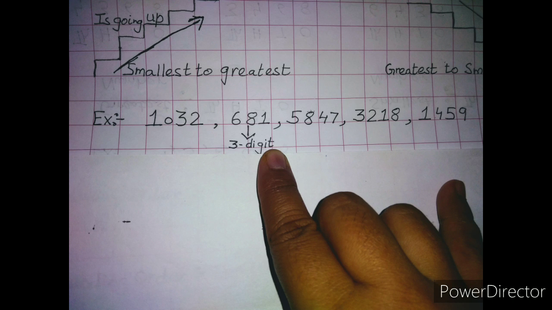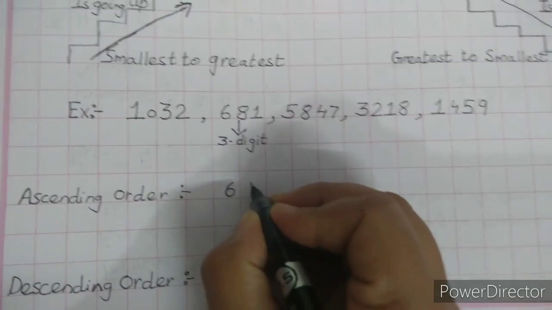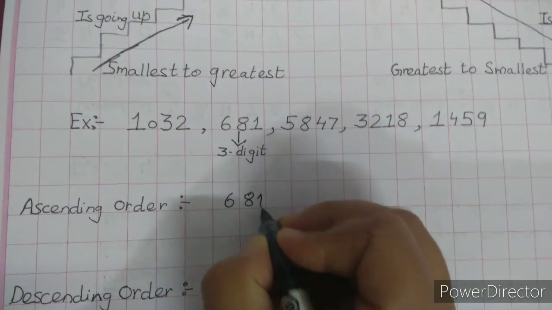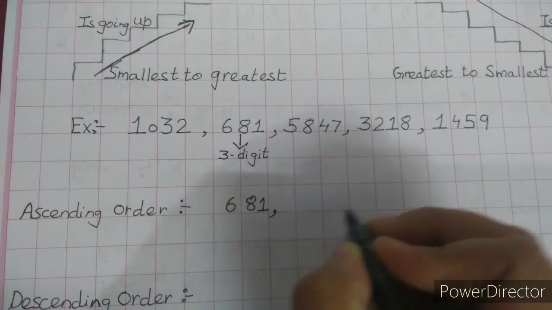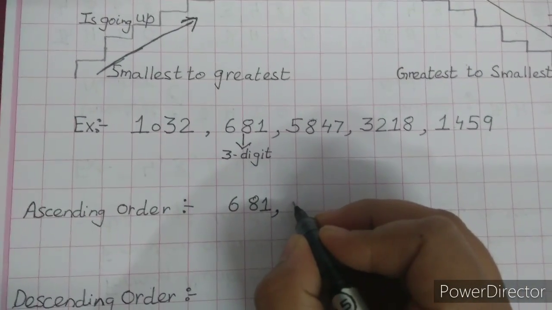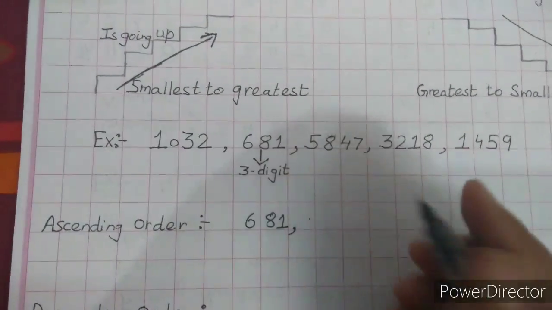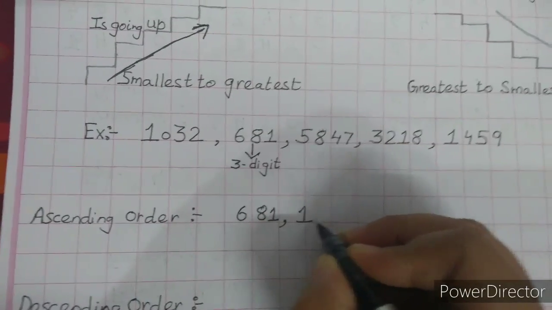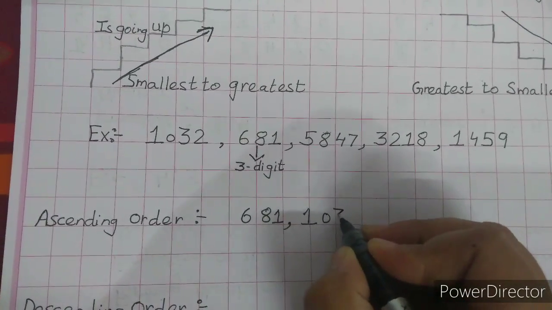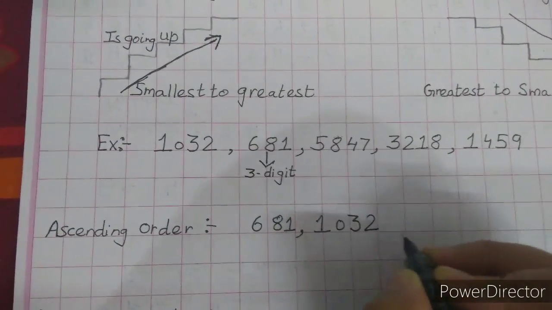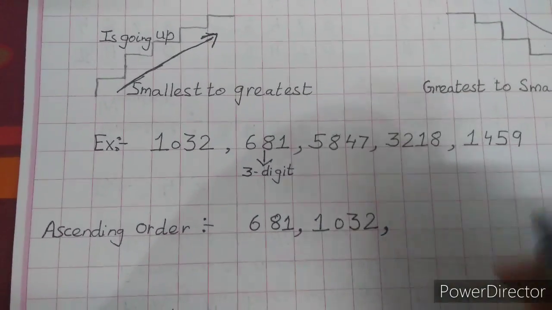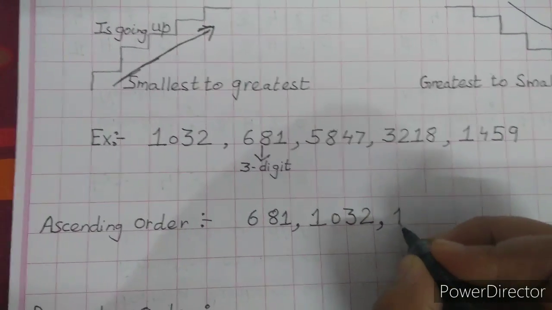So while writing in ascending order, the first number we will write is 681. After this, the bigger number than this is 1032. After this, the number is 1459.